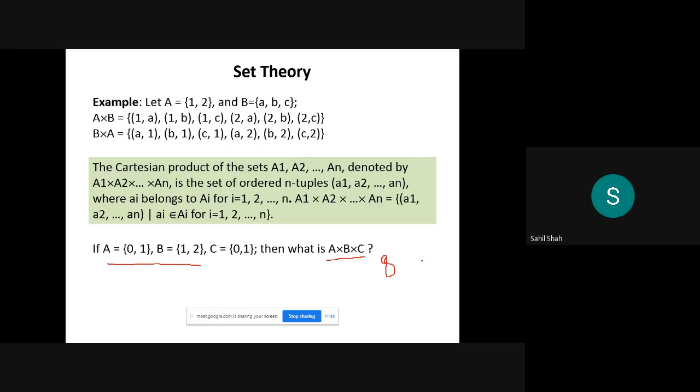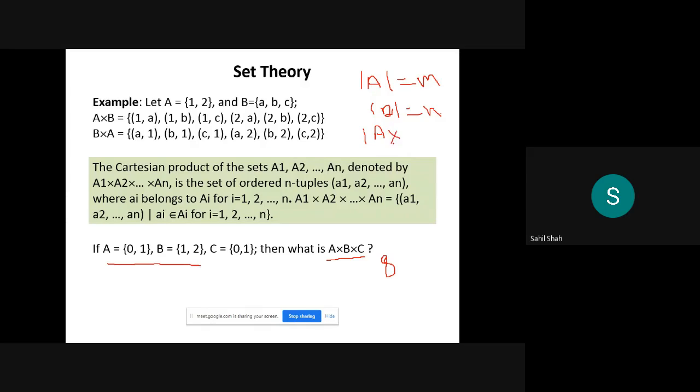So in general, the question is, if the cardinality of set A is M and the cardinality of set B, let us say, is N, how many elements do I have in the cross product of A with B?